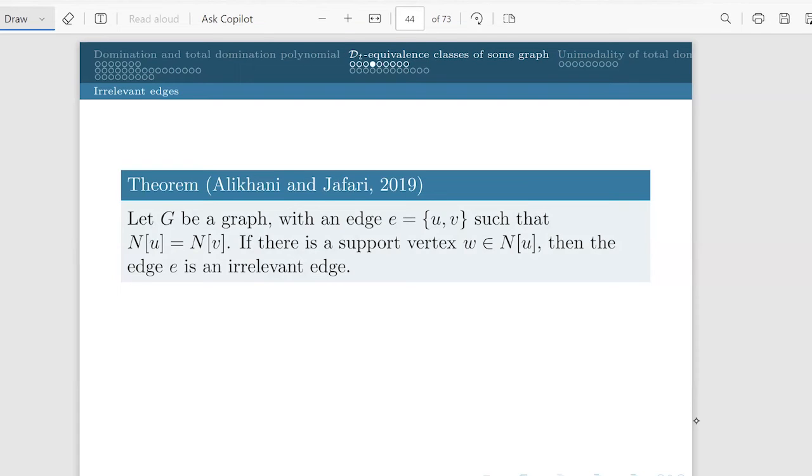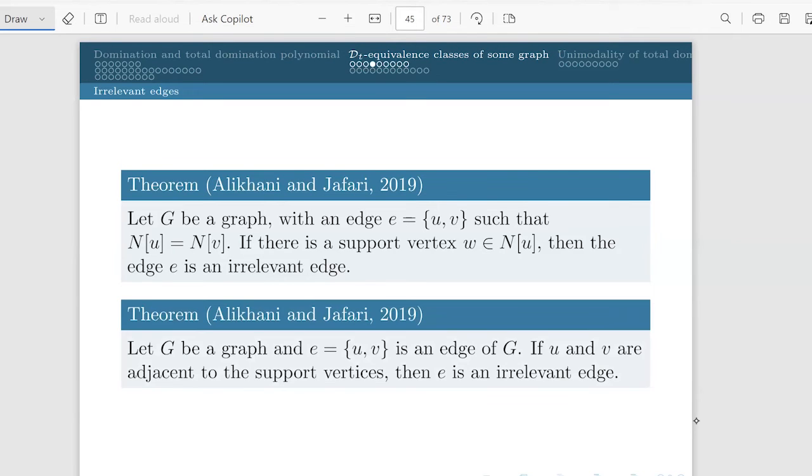I think this is a good theorem to characterize and study DT equivalence classes for total domination polynomial. And another theorem says if G is a graph and E equals UV is an edge, and if U and V are adjacent to support vertices, then E is an irrelevant edge.